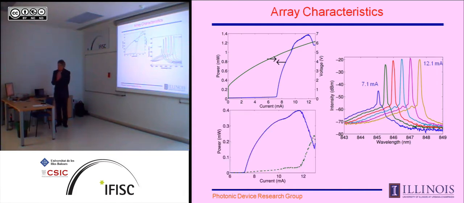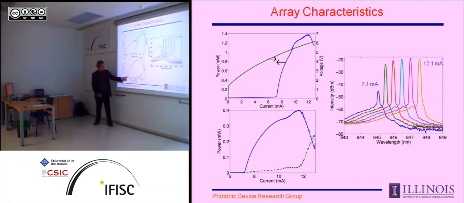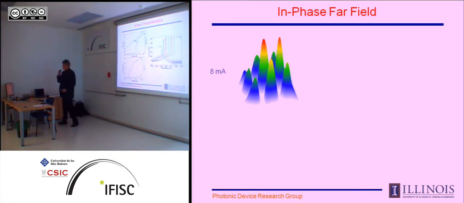We have one supermode locked together, and then for the aficionados, if we look at the polarization, this is one polarization, this is the other. It's all locked in one polarization and one fundamental mode.